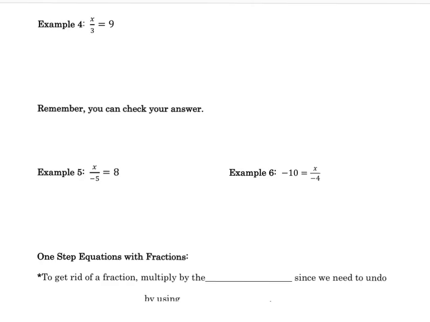Let's do another example. Example 4 says x over 3 equals 9. Now, if you notice here, we have a fraction. And remember, whenever we see a fraction it is a form of division. So let's note that a fraction means to divide. So in this equation, we are dividing.